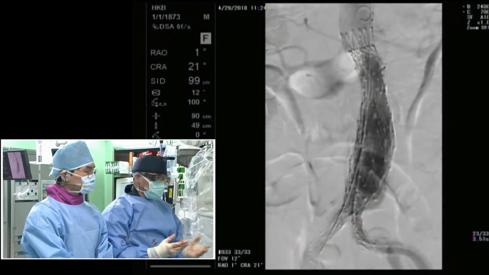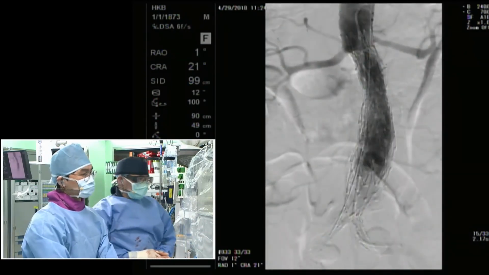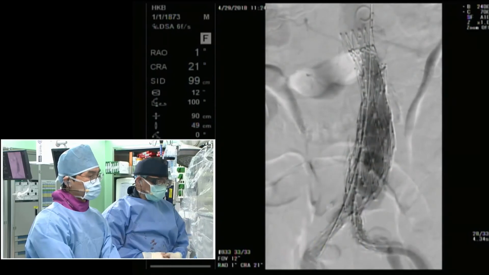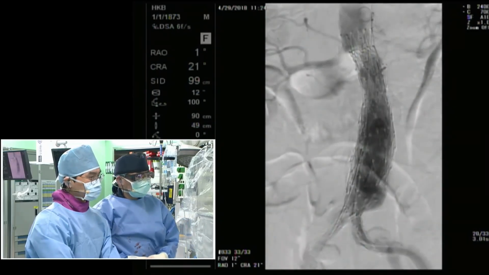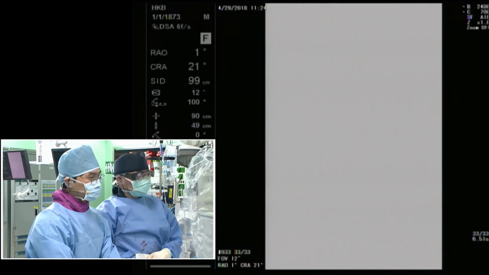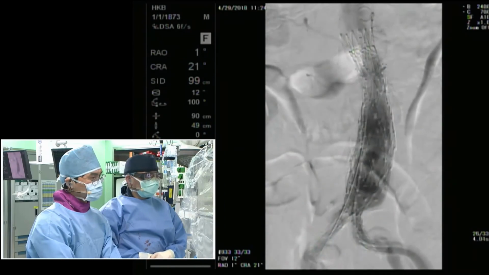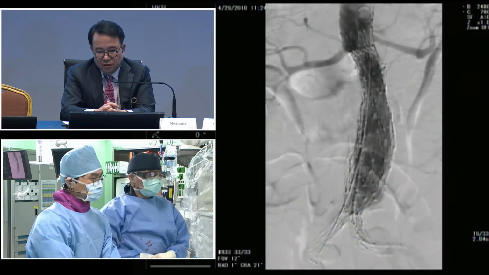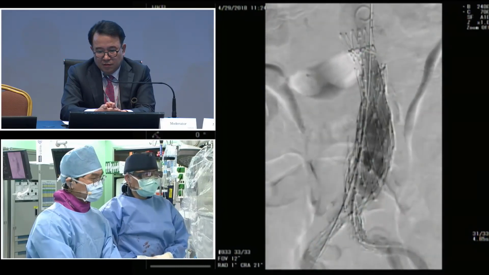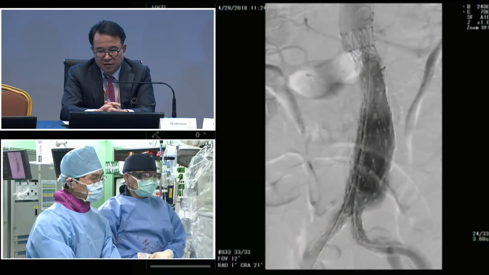So there is at least no retrograde endoleak. Yes, I think we can leave that. Yes, I agree with you because there is no endoleak from the distal part, and also the iliac has calcified disease, so further balloon inflation may injure the iliac artery, and I think this is a great result using this device.